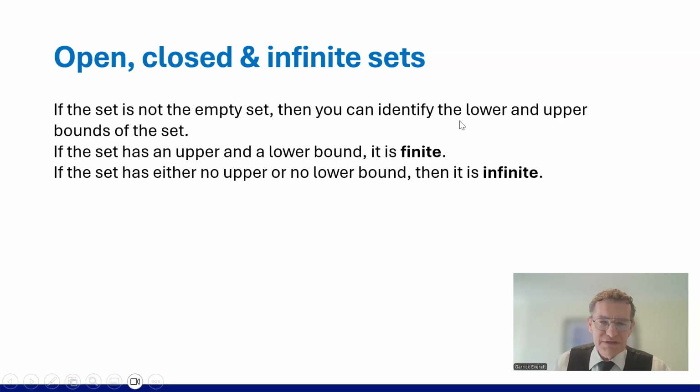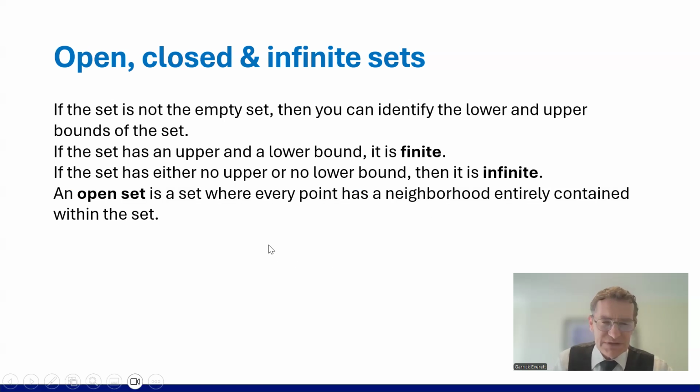Now here, what it's saying is you can identify the lower and upper bound, but if the bound is not within the set and you can't define that bound, then it's infinite. You can still figure out what it is, but it might not be within the set. We can say, yeah, that's definitely the bound of that set. We can say, well, actually an infinite set. We'll do an example of that shortly.